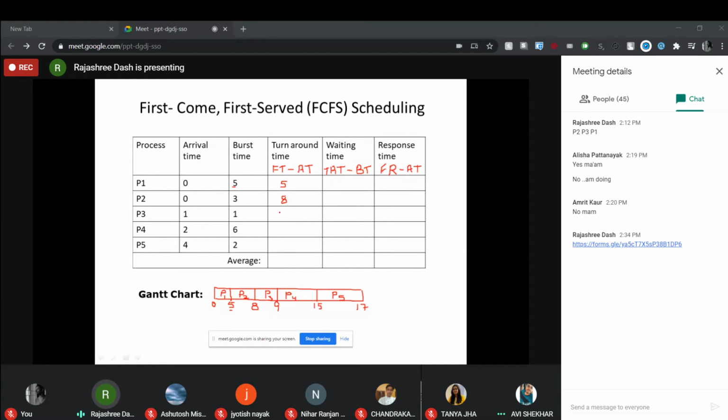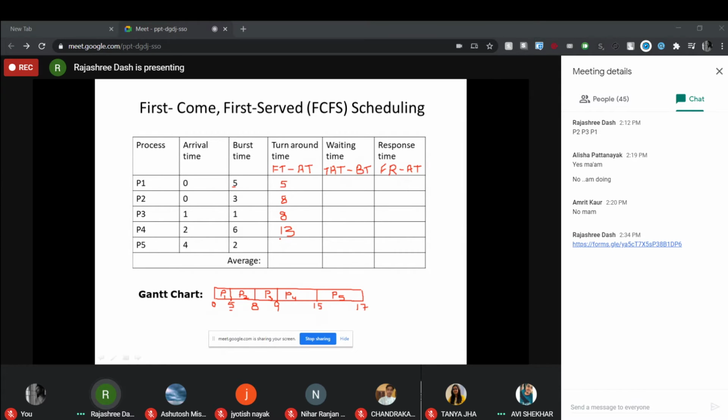So 9 minus 1, 8. Write in the expanded way, otherwise you will get confused. For P4, 13. Finish time for P4 is 15, arrival time is 2, so 15 minus 2, that is 13.